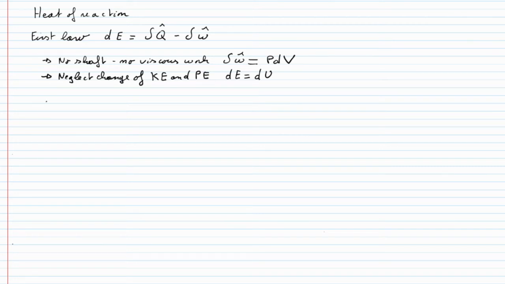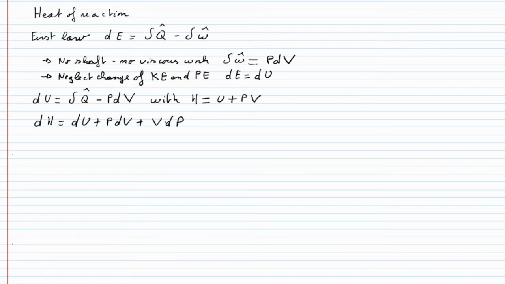Therefore, dU is equal to dQ minus PdV. As the enthalpy is defined as the sum of internal energy plus PV, dH is equal to dU plus PdV plus VdP, or dH is equal to the heat transfer to the system plus VdP.